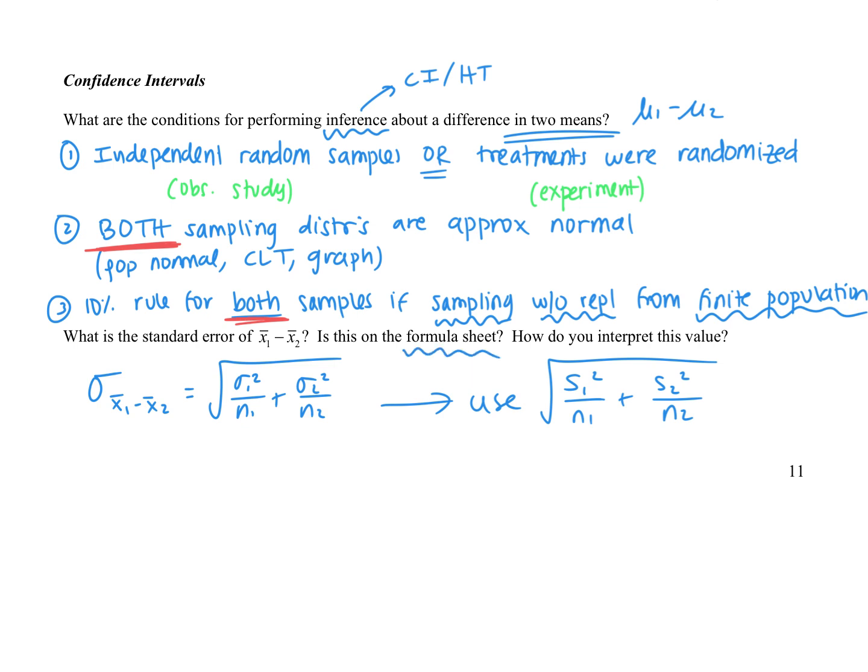This formula is on the formula sheet. And this is the typical deviation of, if we have our two samples and we subtracted their standard deviations, and we did that a whole bunch of times. So we took two samples a whole bunch of times and we subtracted their standard deviations. It is the typical deviation from those values to our true population.